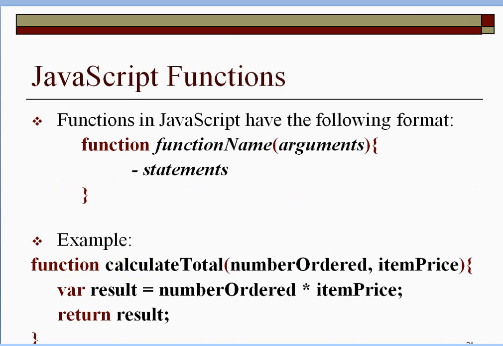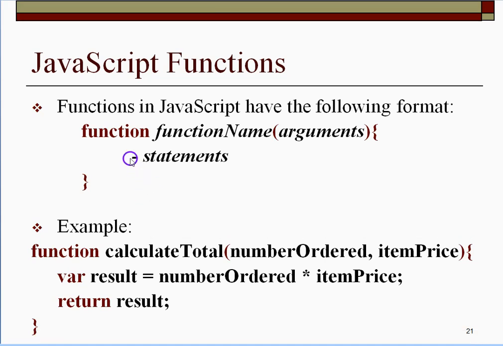Functions in JavaScript have the following format. First, you need a keyword function to indicate to the interpreter that the function definition is following. You need a function name, then you need these parentheses, and you need arguments if they are going to be used.